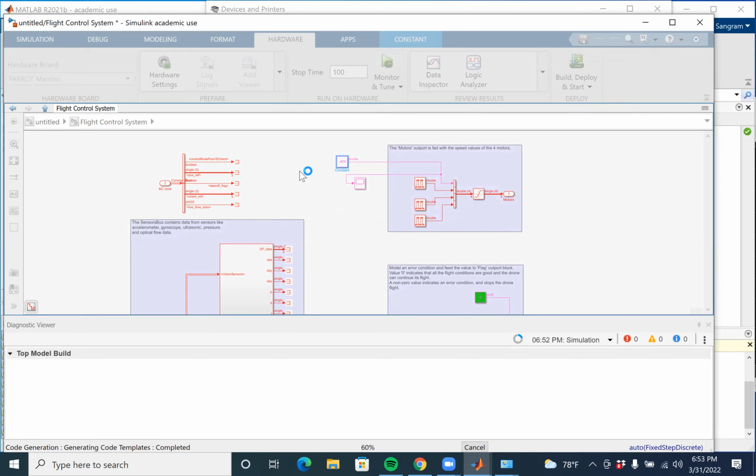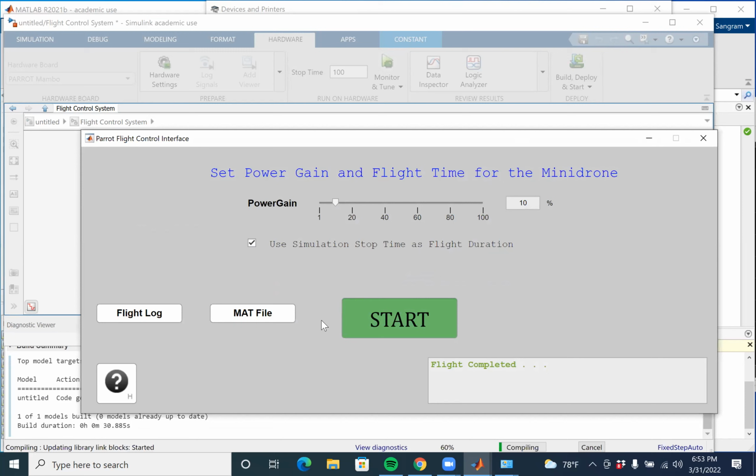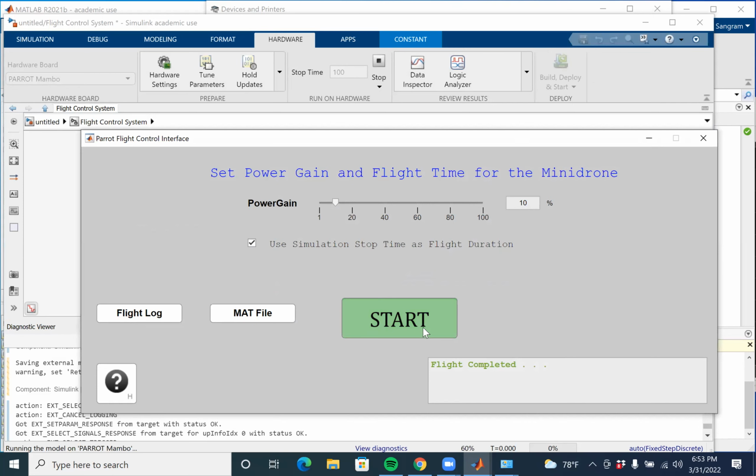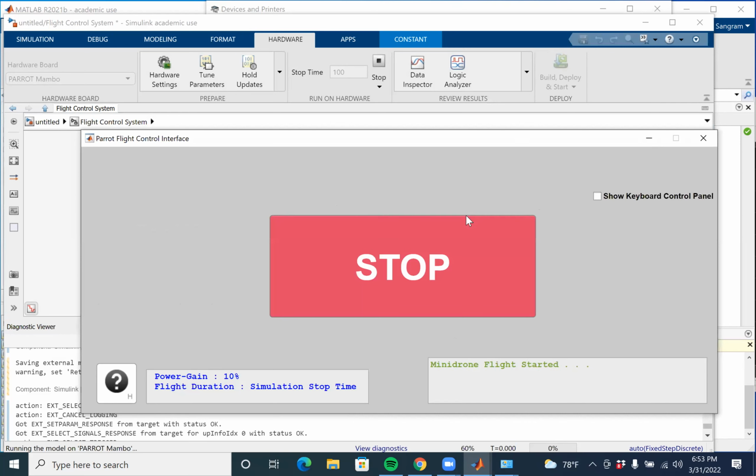I think the other wire is connected just to the ground. So as you can see, if I change this to a negative value, nothing happens.